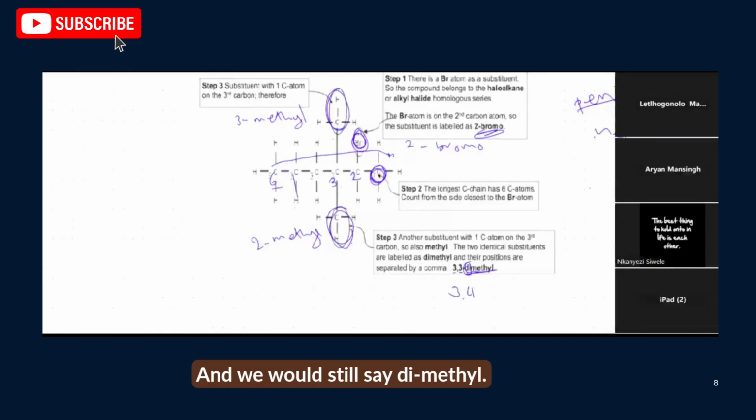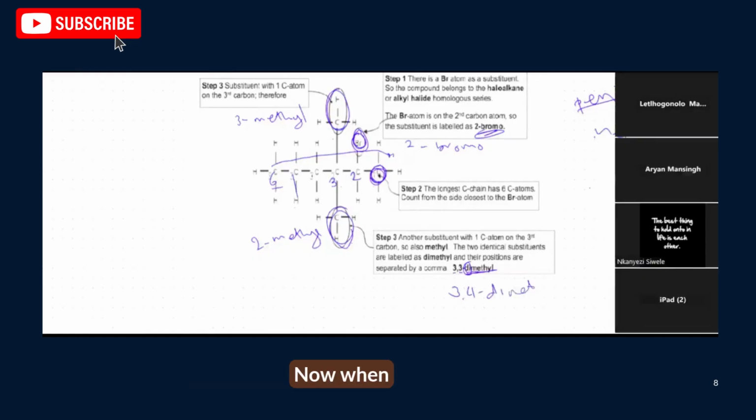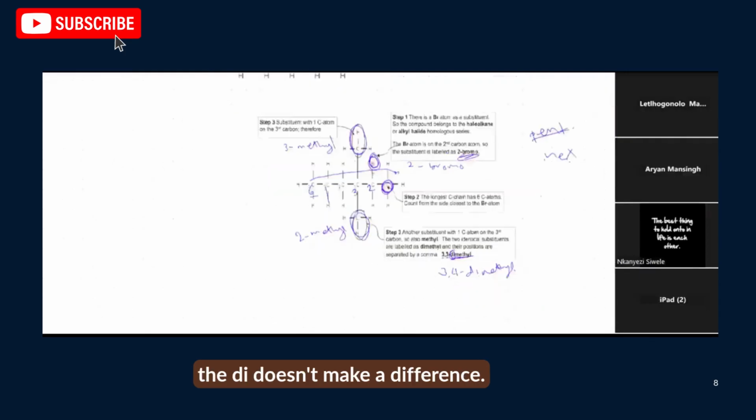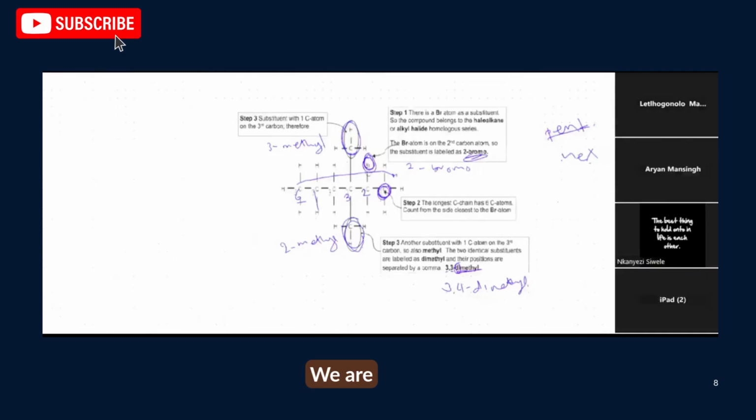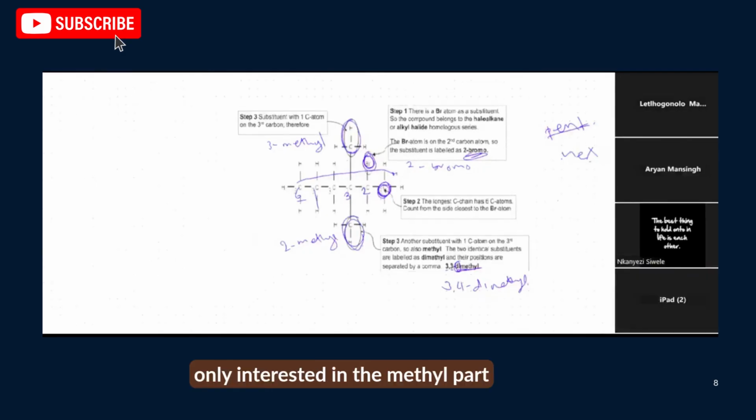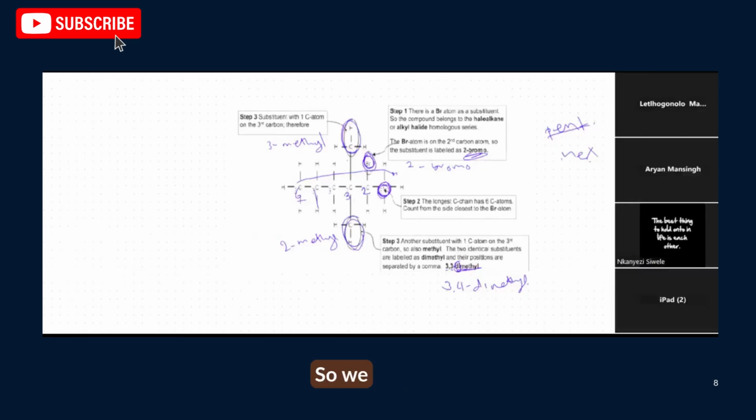and we would still say dimethyl. Now, when we are writing the whole name, the di doesn't make a difference. We are only interested in the methyl part, where M is going to be towards the end of our alphabet. So we would start with the bromo.